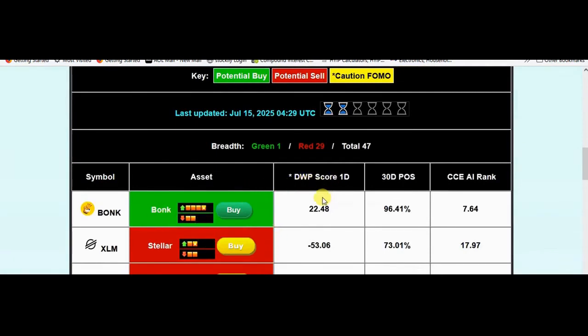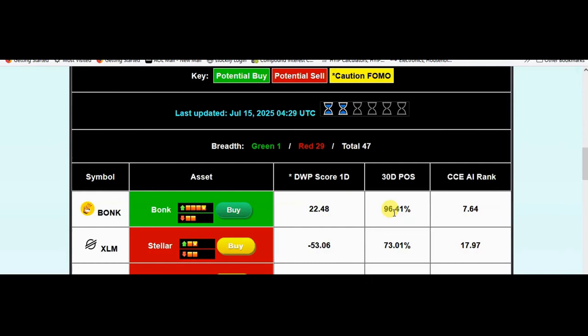Bonk is buying, so we'll only see one on the buy side, but while over here, if you could draw a line from 1 to 100, the last 30 days, excluding today, we would be right here around 96. So that tells us that overall for the last month, Bonk has been moving up.